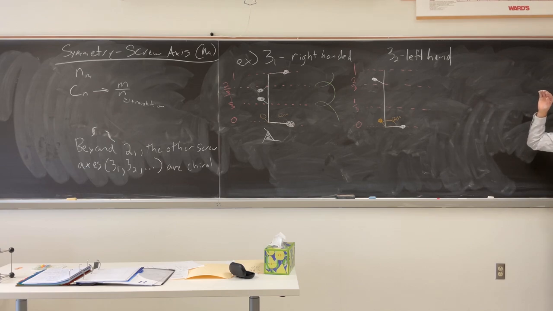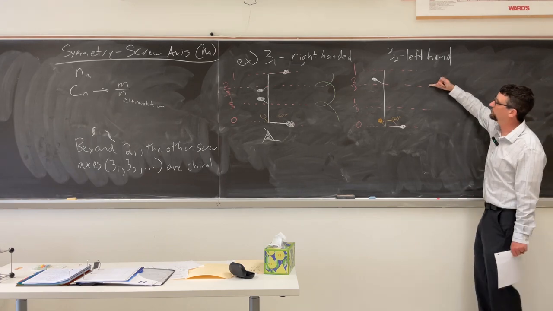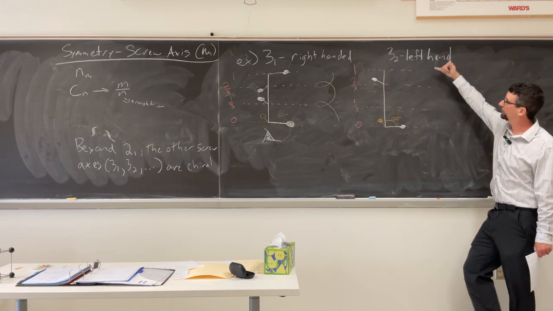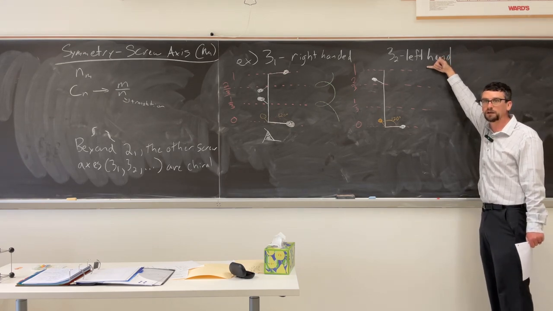Okay. We translated 2/3. We got to do another 120 rotation, right? But we have to do a translation first. We're at 2/3. We translate by 2/3. What are we going to go up to? 4/3 or 1 1/3, right?